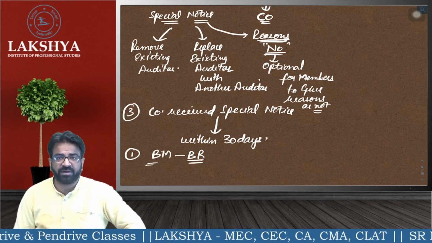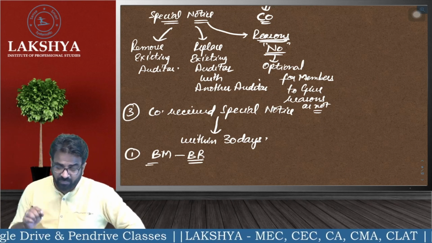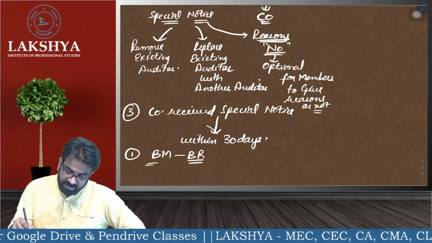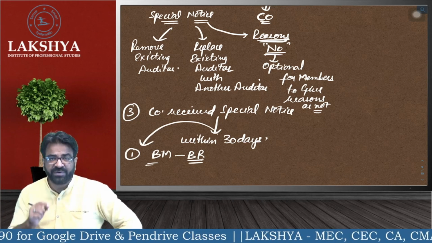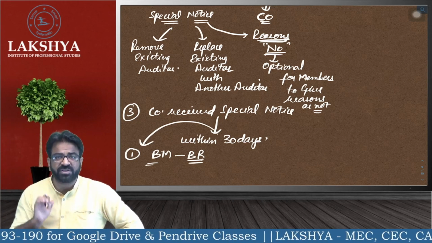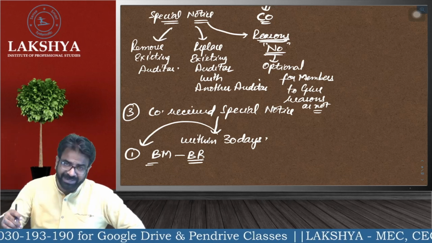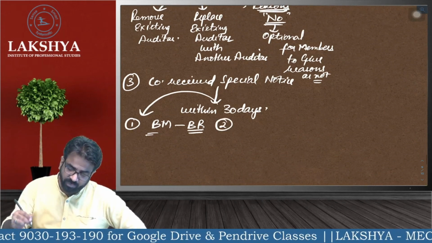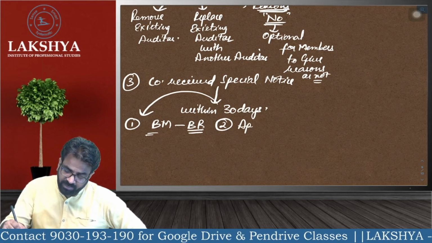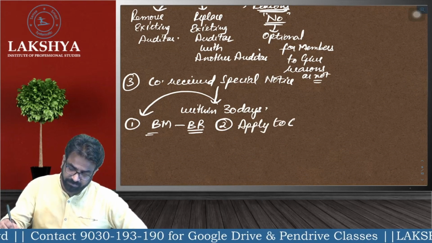Board resolution. Now listen, within these 30 days, first conduct a board meeting and pass a board resolution. And the second thing they have to do within these 30 days is apply to the central government.